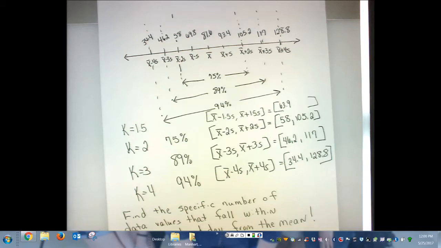And then 1.5 standard deviations above, 81.6 plus 1.5 times 11.8 is 99.3.